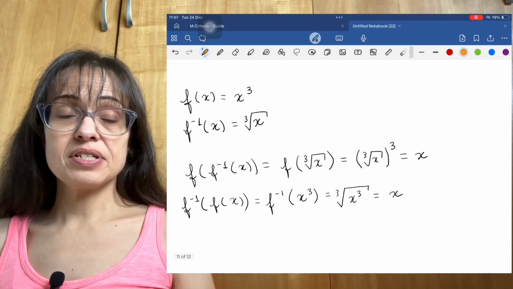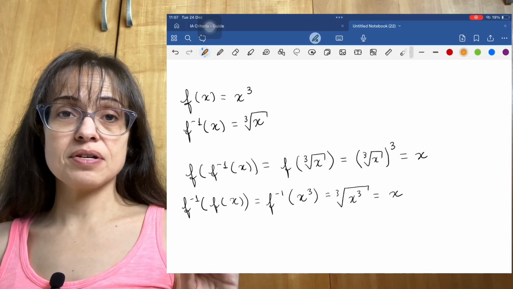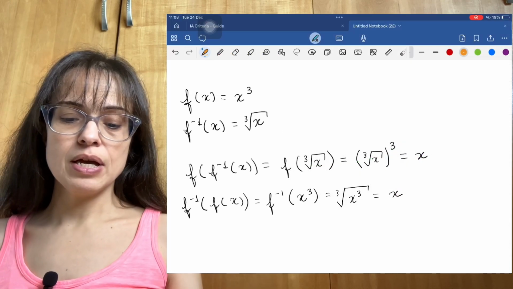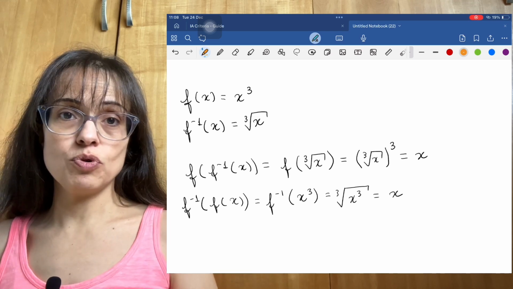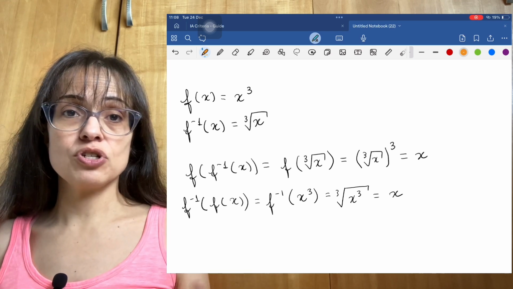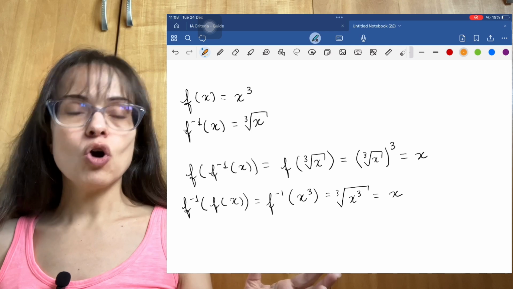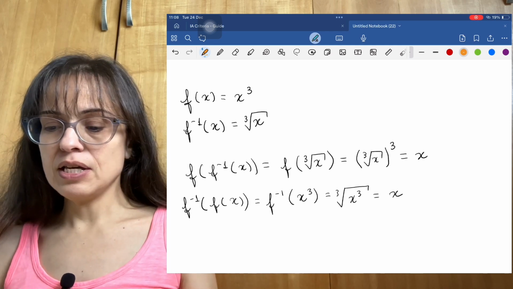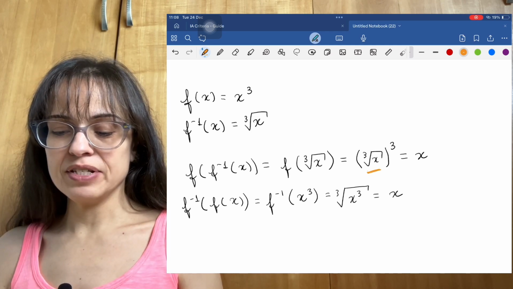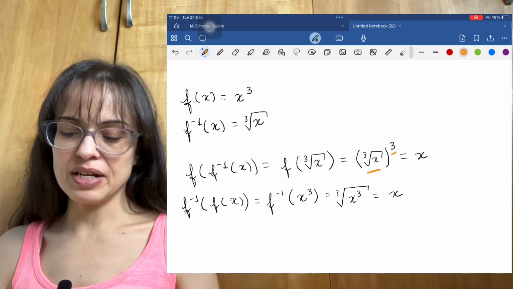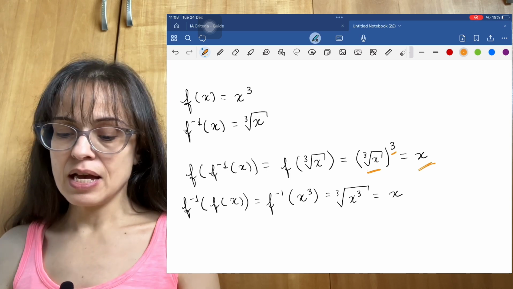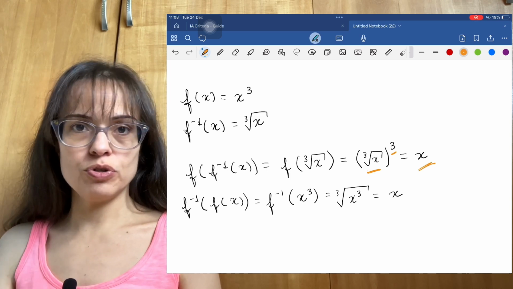One example that doesn't have any problems is the x to the power of 3 and its inverse, the cubic root of x, because both of these functions have as their domain all of the real numbers. You can see here that putting the cubic root inside of the x to the power of 3 cancels out, and the answer is x. And the same is true when you do it the other way around.